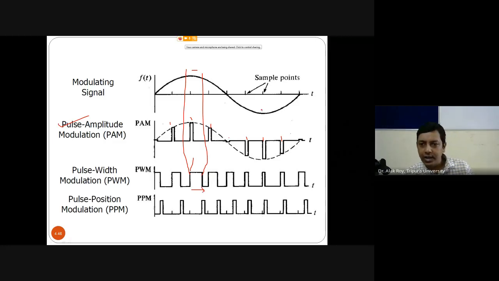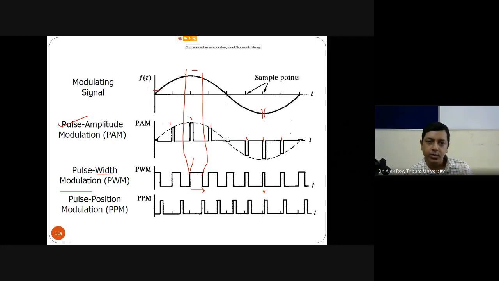Since it is the lowest height, at this position you will have lowest width. So this technique is known as width modulation, pulse width modulation. The highest amplitude position has the highest width, the negative amplitude position has the lowest width, and the rest depend upon the level.